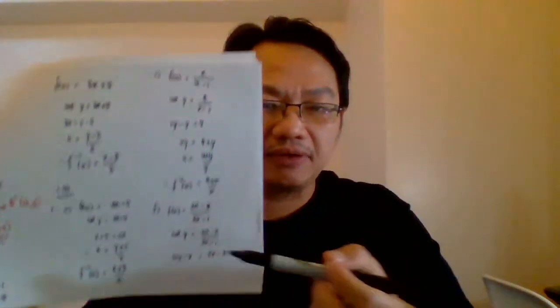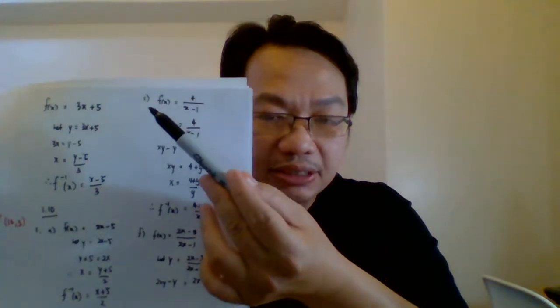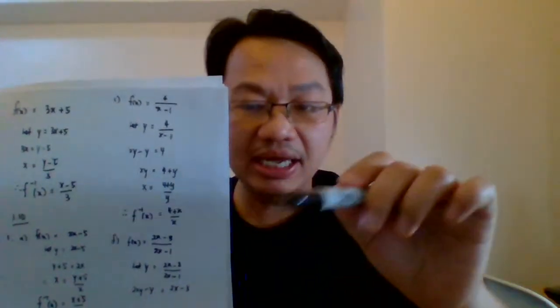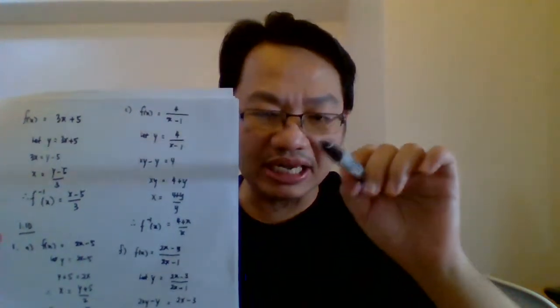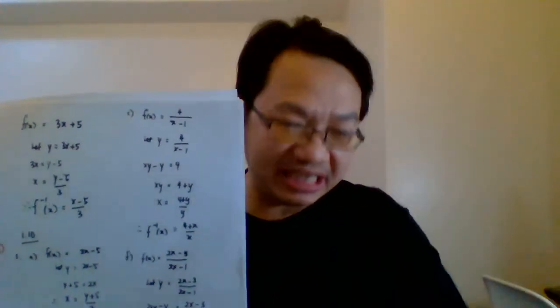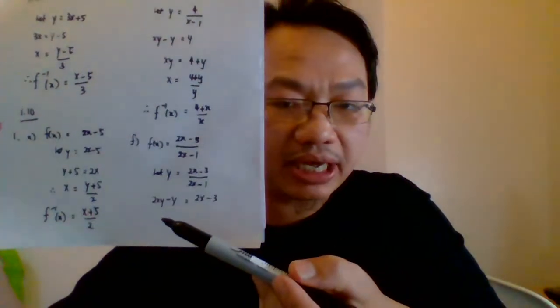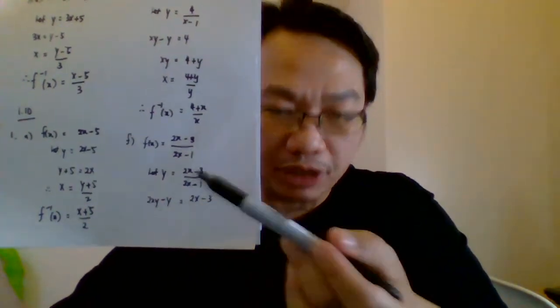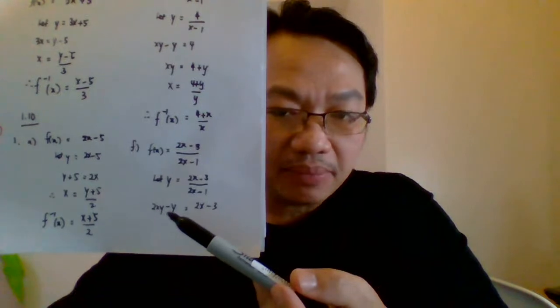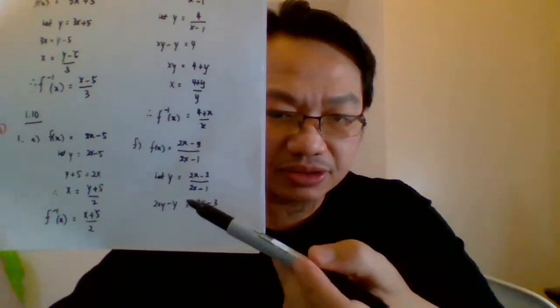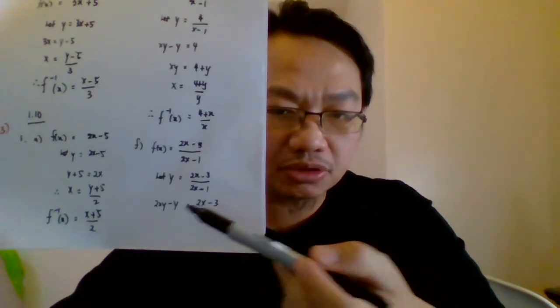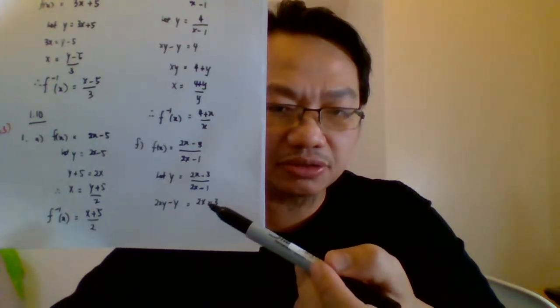Okay, now guys, if you still remember, I told you when we solved question 1C, you need to regroup all the x in one side and the other than x on the other side. So here, if you look at this equation, 2xy, we got x, so let's leave it like that. But negative y doesn't have x, so this negative y we need to move to the other side.